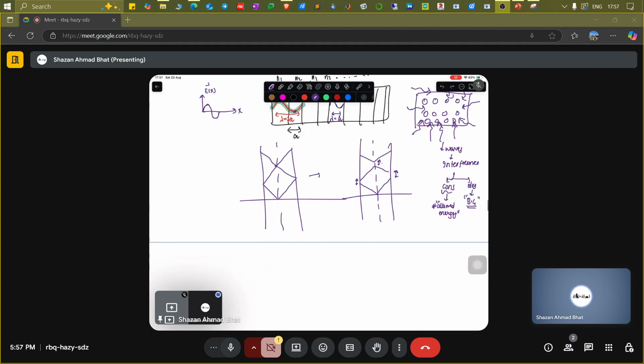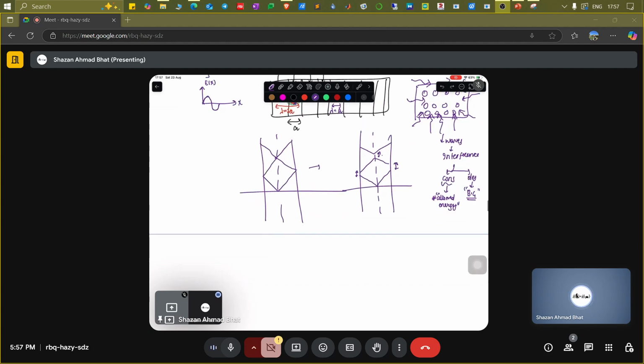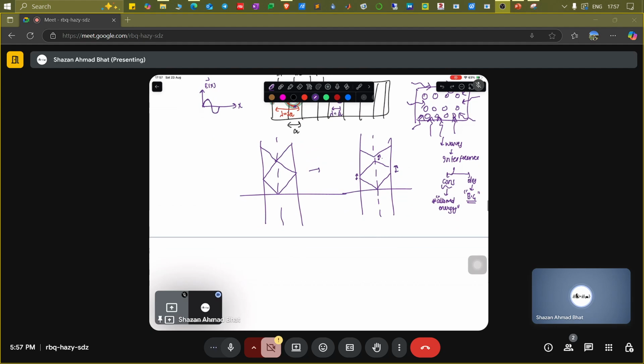We cannot track it all through the structure. Because of those constructive and destructive interferences, a gap opens just like these gaps. These photons can create destructive interference and can no longer be sustained in this particular stack. So they open a gap which is called the photonic band gap.